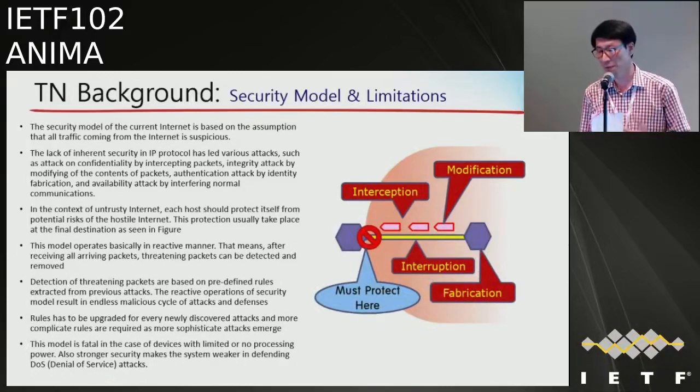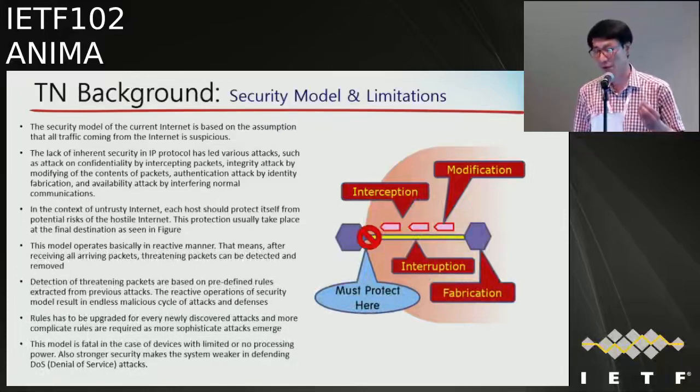And this model operates basically in a reactive manner, which means that after receiving all arriving packets, threatening packets can be detected and removed. And the detection of threatening packets is based on predefined rules extracted from previous attacks. And the reactive operation of the security model results in an endless malicious cycle of attacks and defenses.